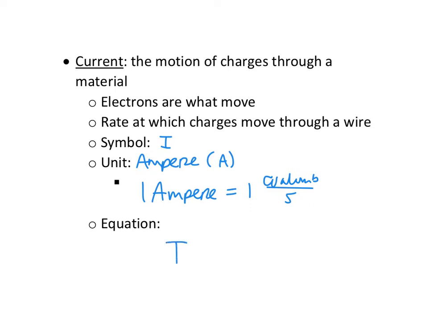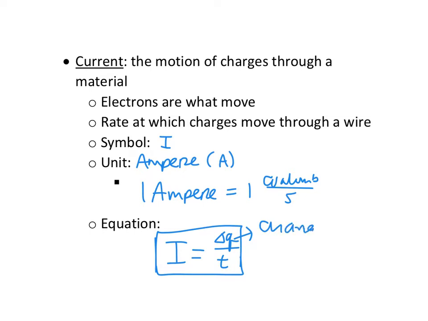The equation for current, if it's not given to you, is I equals delta Q over T, and this is on your formula sheet. Delta Q is the change in charge, T is the time in seconds, and I is the current.